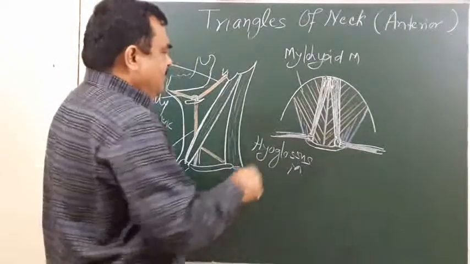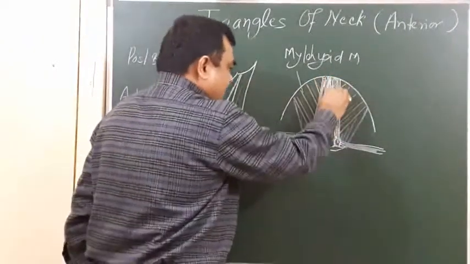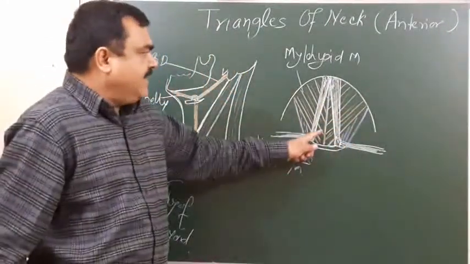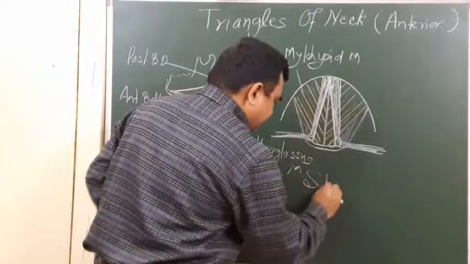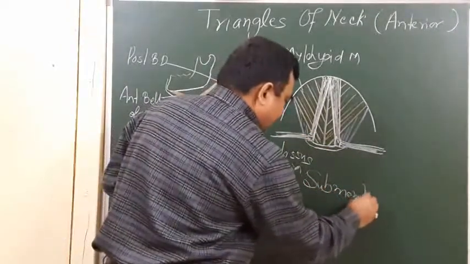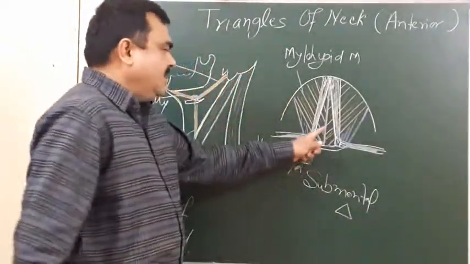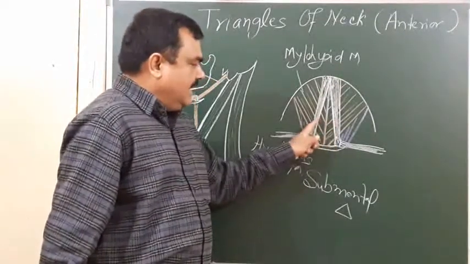In this diagram, you can see this is a triangular space. This is the submental triangle. It is bounded on each side by the anterior belly of the digastric muscle.